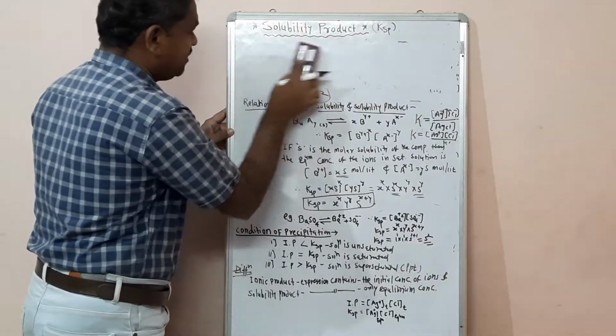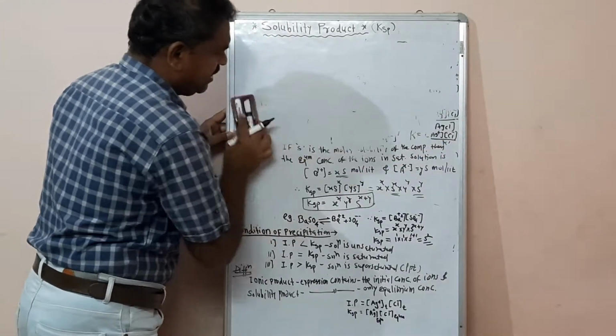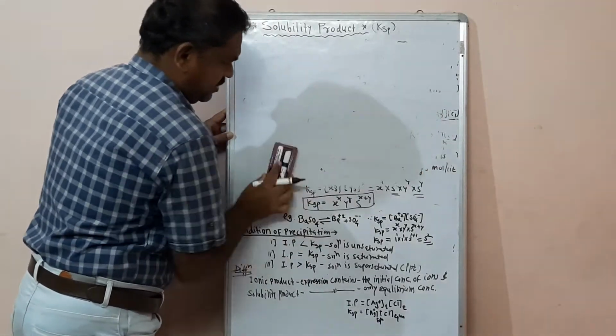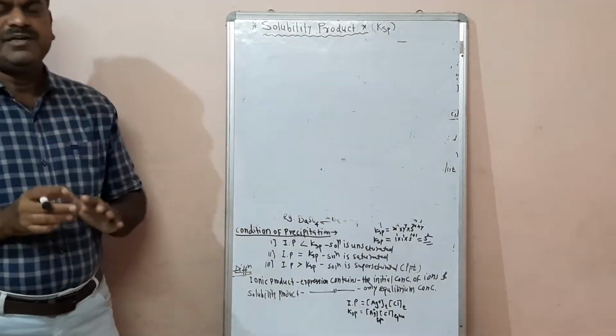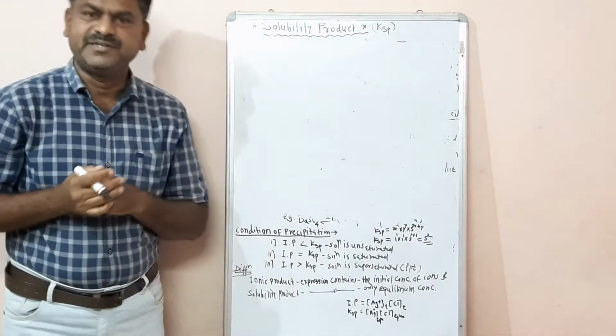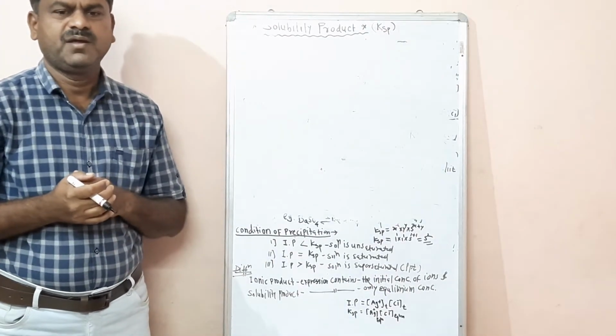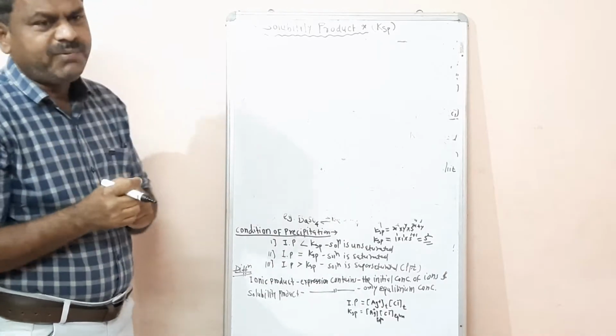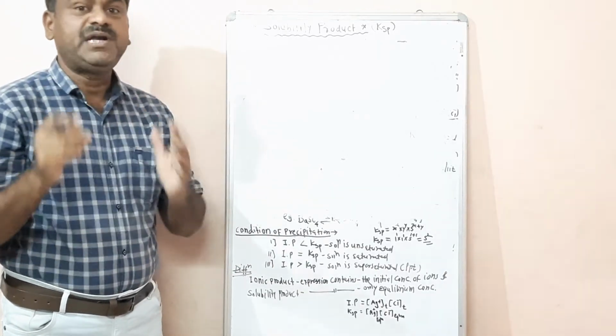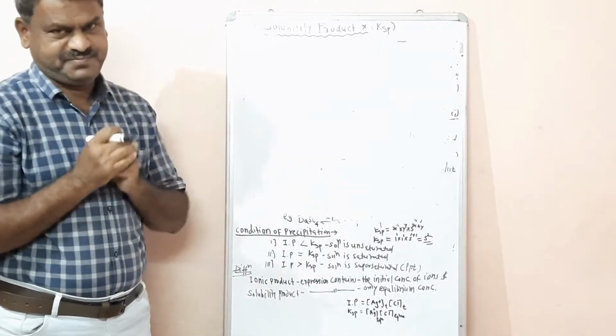The next point is the condition of precipitation, which means identifying whether the precipitate (PPT) will be formed or not.